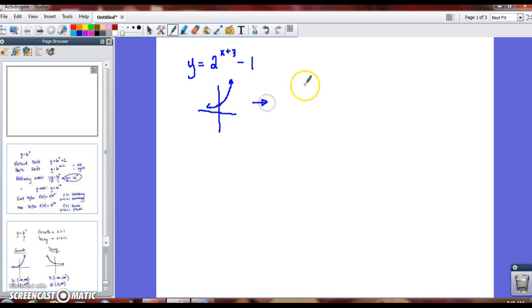After your translation, you'd say, okay, well, my graph is shifting down 1 and it's moving to the left 3. And so now my graph is doing something like this.